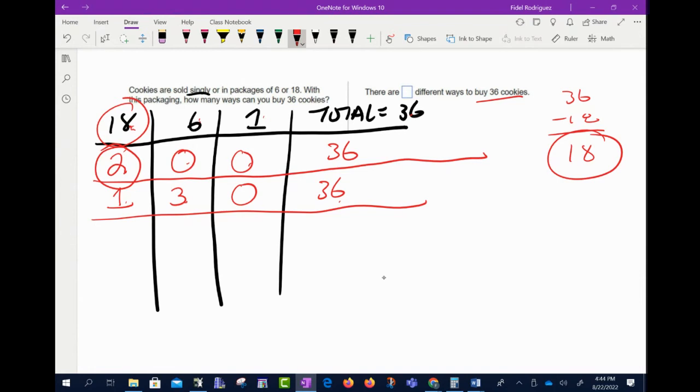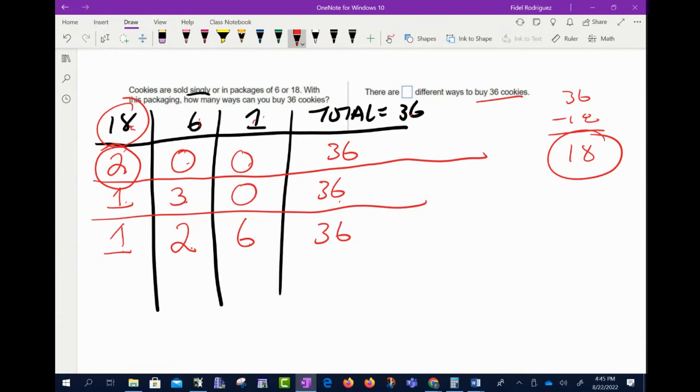But once I figured out I needed 2 packs of 18, then I can say, what happens if I use 1 pack of 18? Now I'm going to stick with 1 pack of 18. Instead of buying 3 packs of 6, if I bought 2 packs of 6, then I need 6 single cookies to get to my 36, right? This is 1 times 18 is 18, this is 2 times 6, which is 12, and this is 6 times 1.